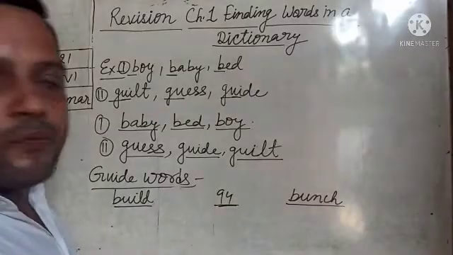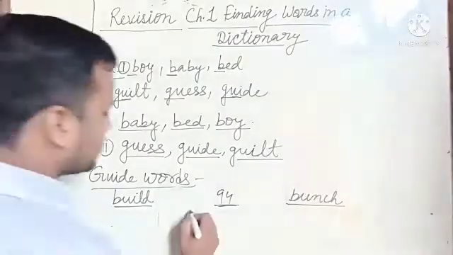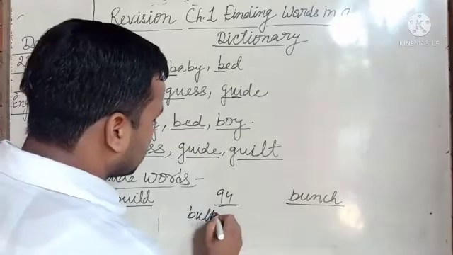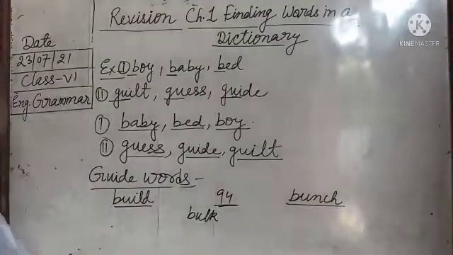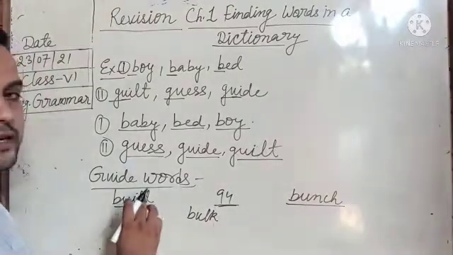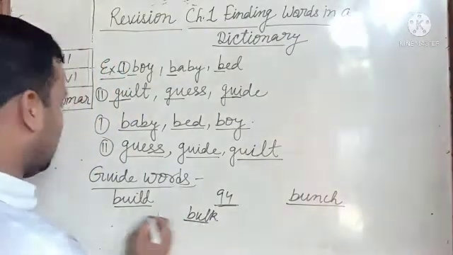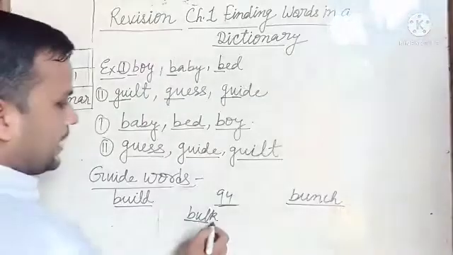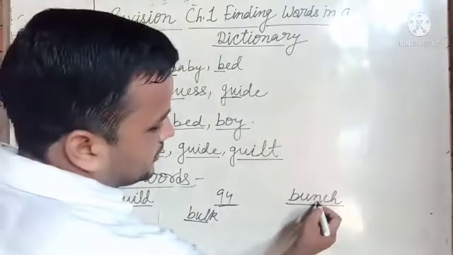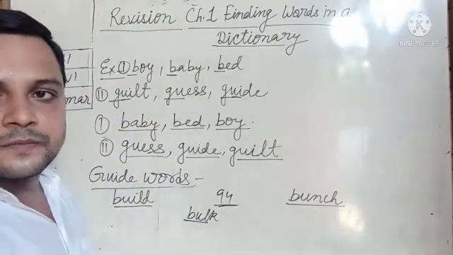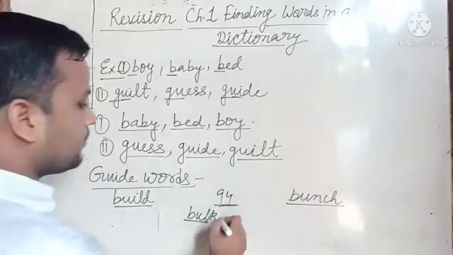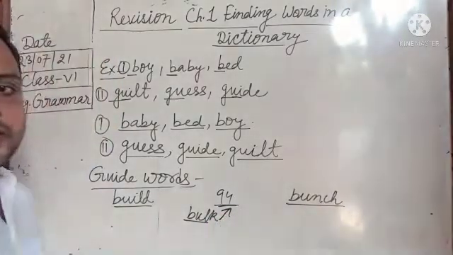And suppose you have to find the word bulk. So students, you will see the first guide word and the last guide word. So B-U-L, B-U-L, and K comes first before N. Okay? So bulk will be on the same page number 94.